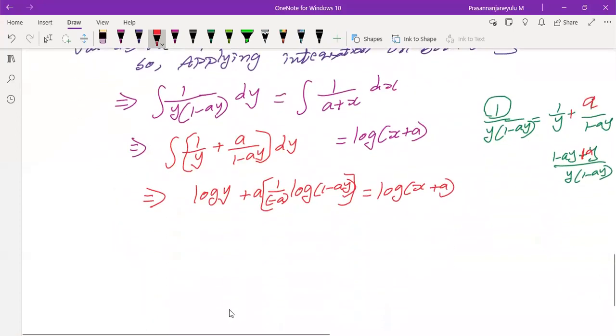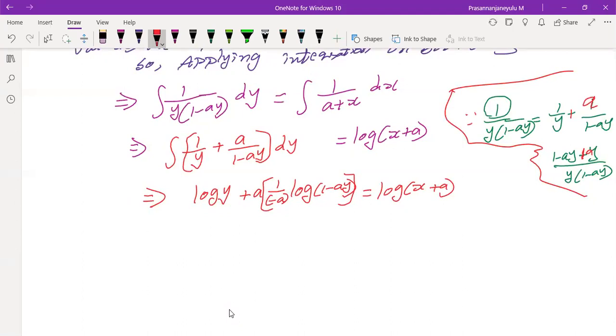Okay, so what is the formula we used here? I mentioned clearly this is a rough, trial and error method. But in the same manner, what is the formula we used? Integration of 1 by ax plus b into dx is 1 by a into log of ax plus b.